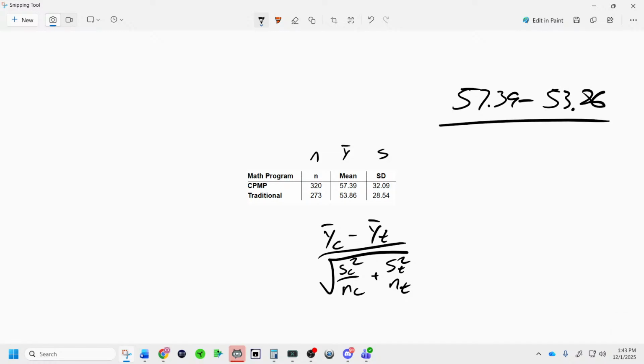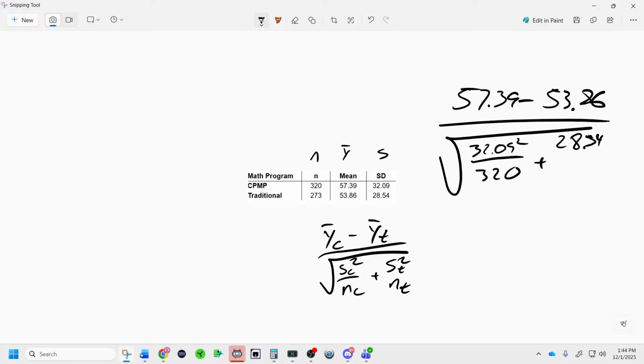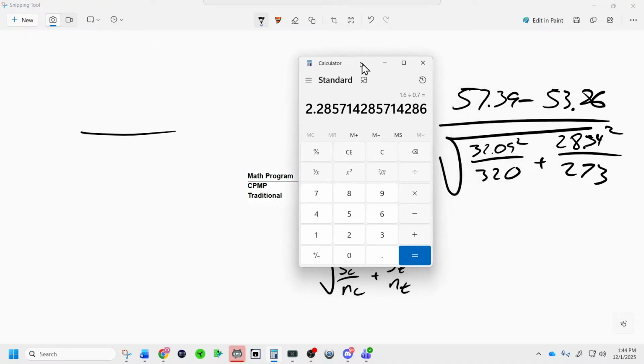The difference over the square root. And we do standard deviation of Core Plus 32.09 squared over 320 plus 28.54 squared over 273. So the bottom of this is the standard error, which we're going to solve for. We're solving this bottom part.